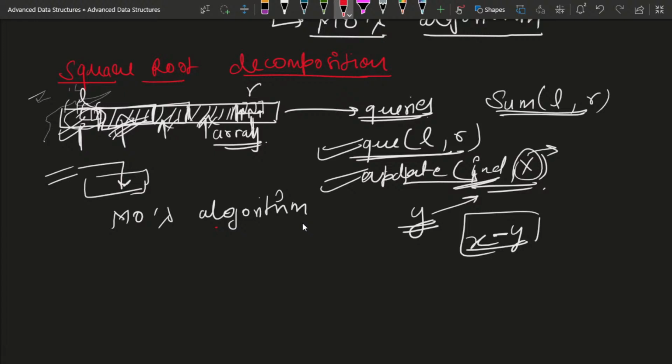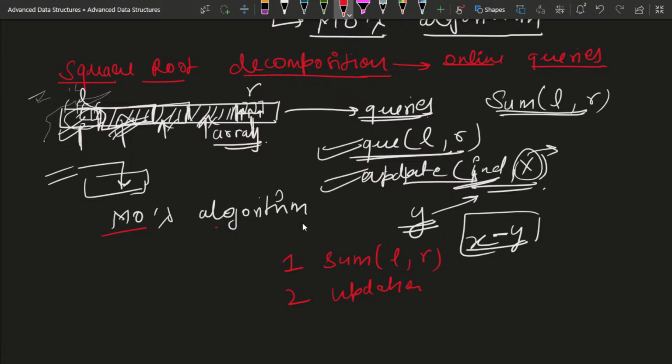One thing to note is that what we were doing in the square root decomposition was online queries. Here we are processing the queries online. If type one is the query in which we have to calculate the sum of L to R, and type two is the query in which we have to do the update, we can get any sequence of operations.